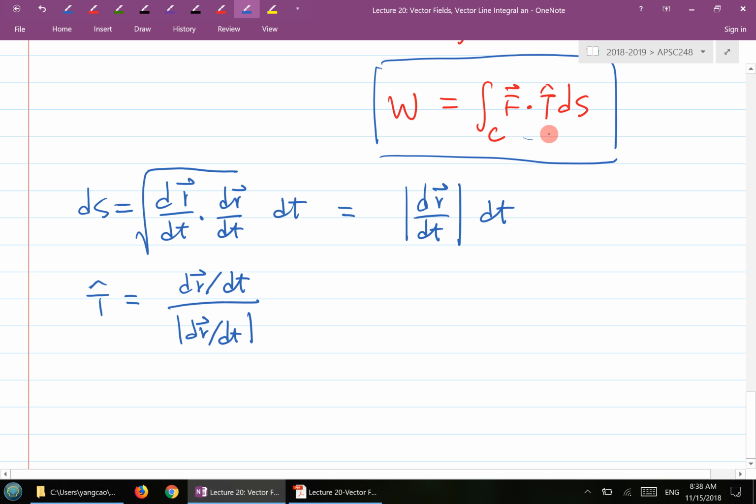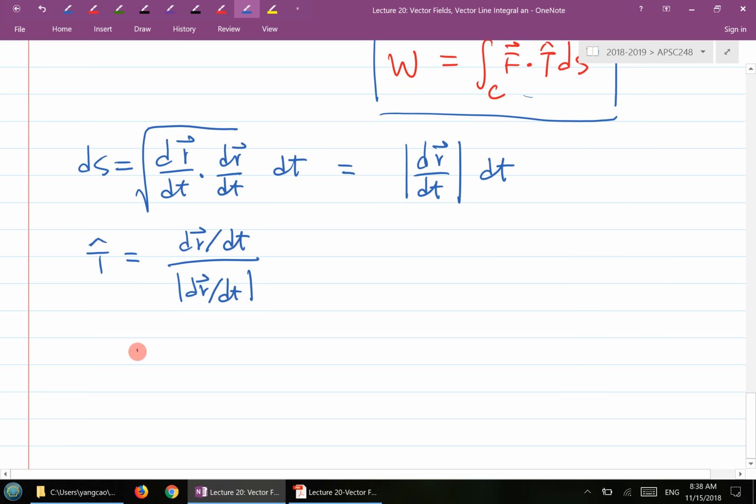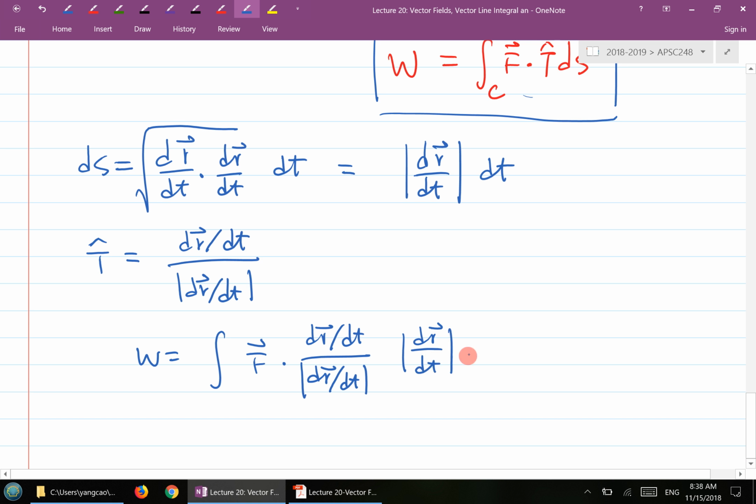So now I can put things together. Put the T hat back here, put the ds back over here. Then W equals the integral of the vector field F dot T hat, and T hat is dr over dt divided by its magnitude, and ds is the magnitude of dr over dt times dt, over the curve C. Fortunately, you can cancel this denominator and numerator, which are the same.